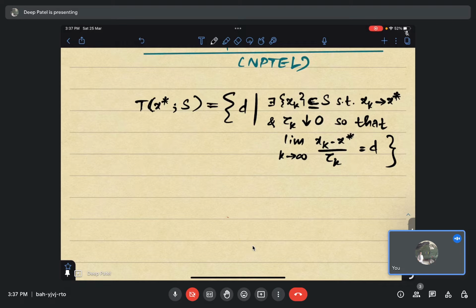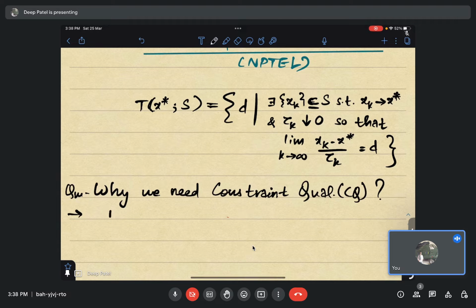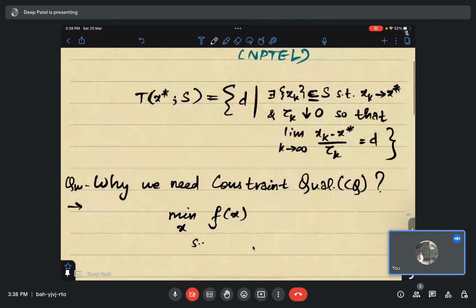So there are two points for why we need constraint qualifications. Before that, let me state the optimization problem: for some f and some constraints.